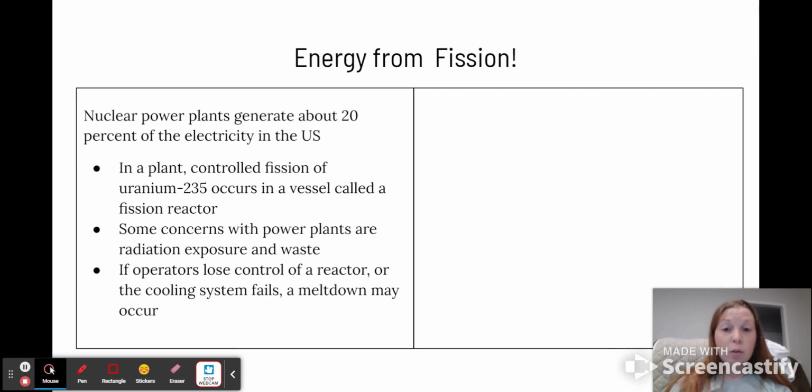So if an operator loses control of a reactor or a cooling system that is running around these reactors fails, then you could have a meltdown and have the radiation spill out into surrounding areas. So you can think of Chernobyl, Three Mile Island, just as two examples. There are a bunch of examples where nuclear power plants have basically broken down and released a lot of radiation in surrounding areas.